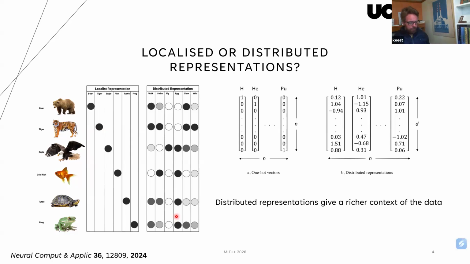Another advantage, and this is maybe the more important one from our point of view, because let's say we're working with chemical elements and we don't expect new elements to turn up. The really important and useful advantage is that the notion of distance in the distributed representations is meaningful. So you could say, for example, the frog is more similar to the fish than it is to the bear, because you can calculate some metric and the attributes tell you how far apart they are.